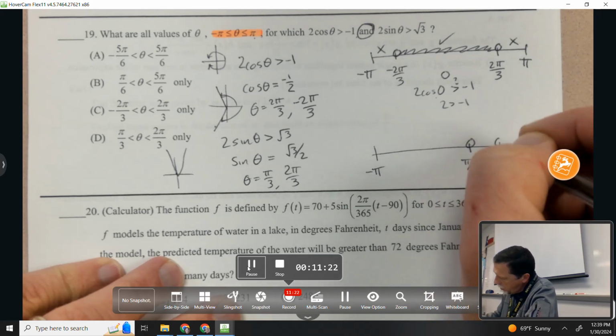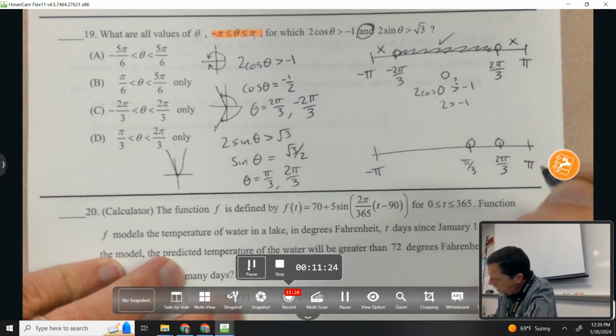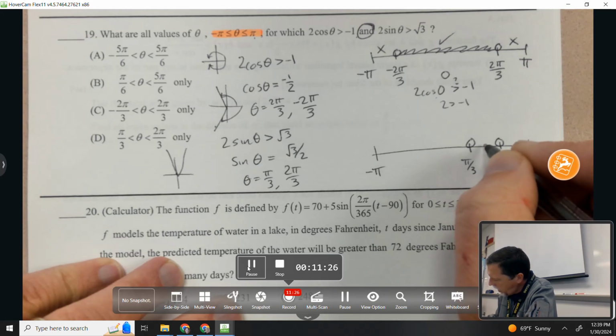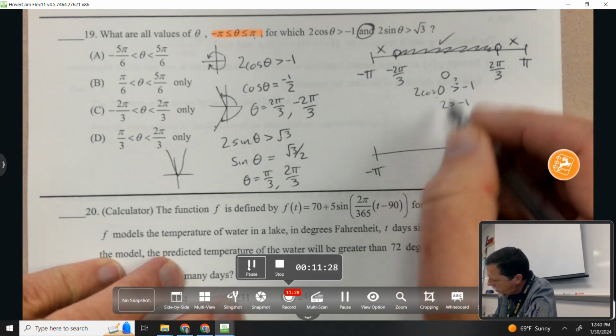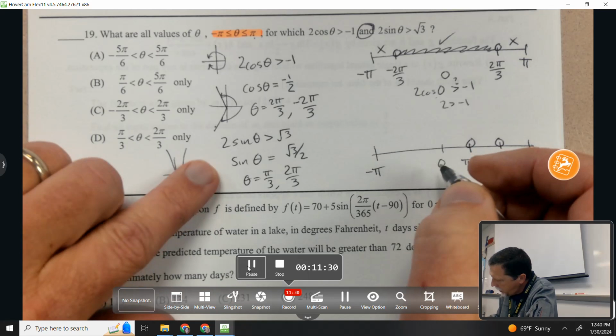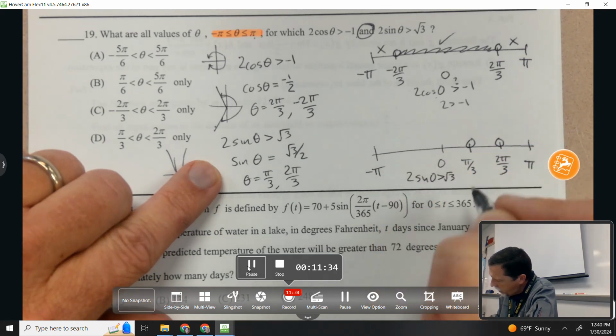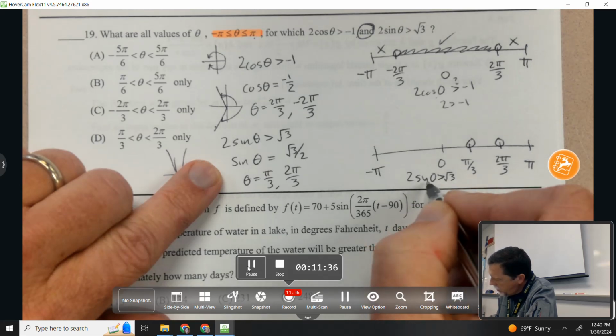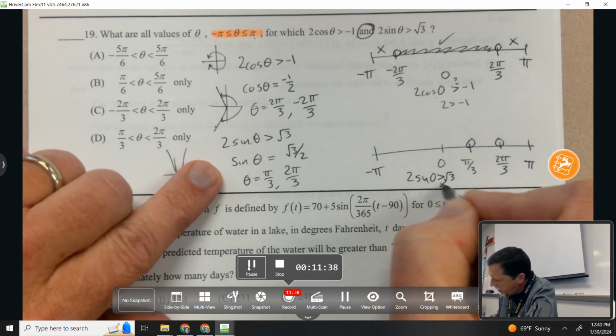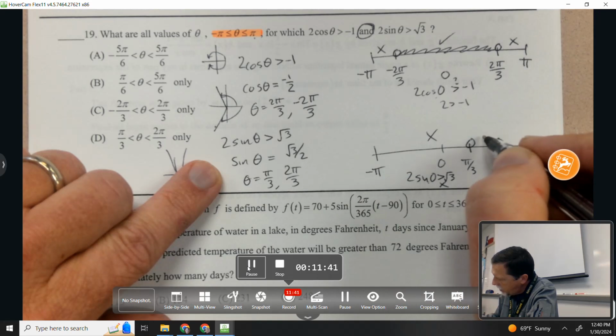Also open circles. I could check pi over 2. It'd just still be easier to check 0. Let's check 0. 2 sine of 0 is greater than root 3. 0 is greater than root 3. No, that's not true. So that's a no. That's a yes. That's a no.